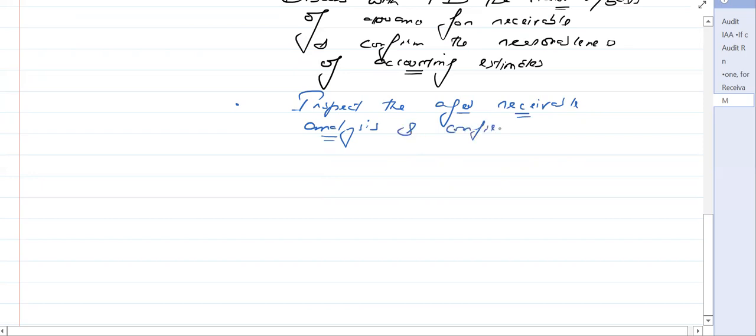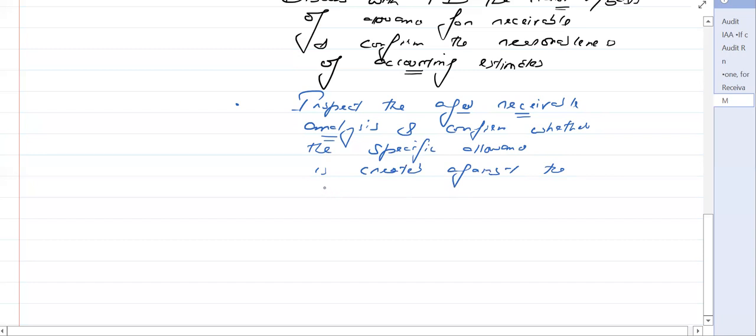and confirm whether the specific allowance is created against the too old receivable balances.